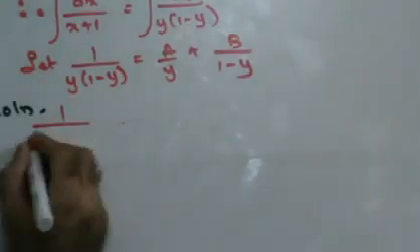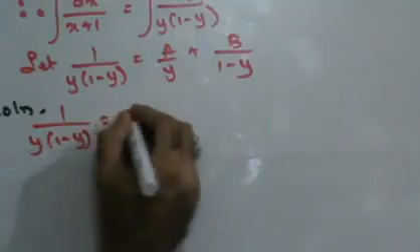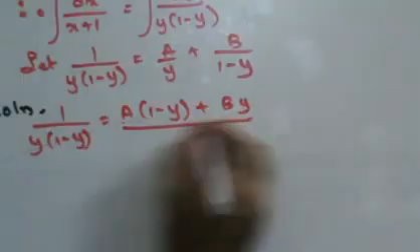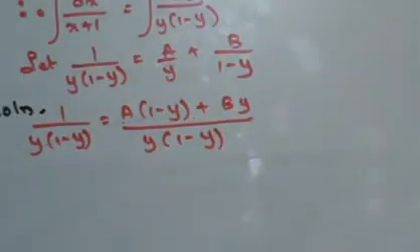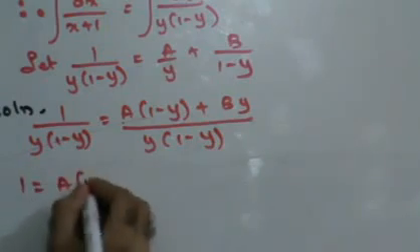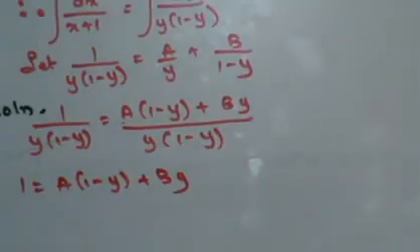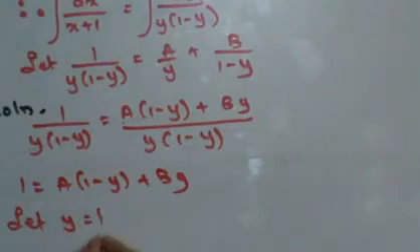So in that case I can therefore say that 1 upon y(1 - y) is equal to a(1 - y) plus by upon y(1 - y), right? In which case you will get 1 is equal to a(1 - y) plus by, right? Now I want to make the first bracket 0, so you will say let y be equal to 1, so I'll get 1 is equal to b.